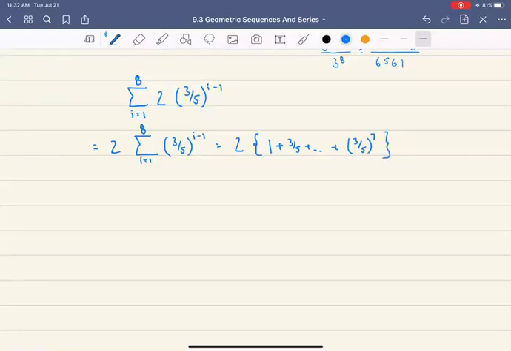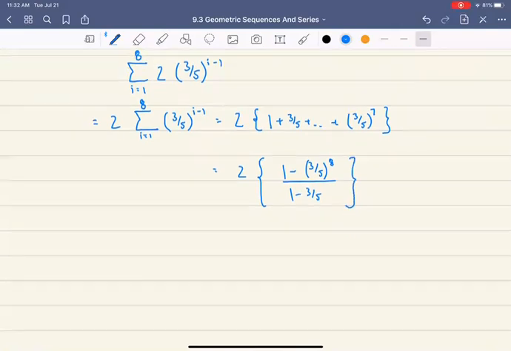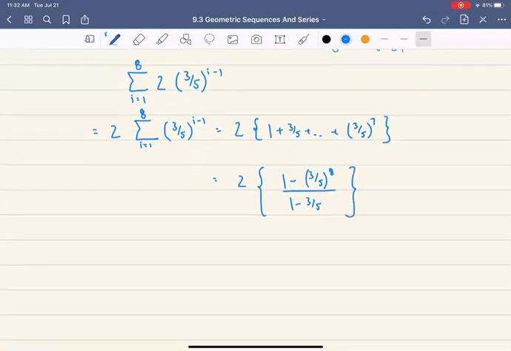So this is going to be, and I'm going to play the same game, 1 minus 3/5 to the 8 over 1 minus 3/5. I'm not going to write out what the numbers are until the very end. I'm just going to play with the powers.